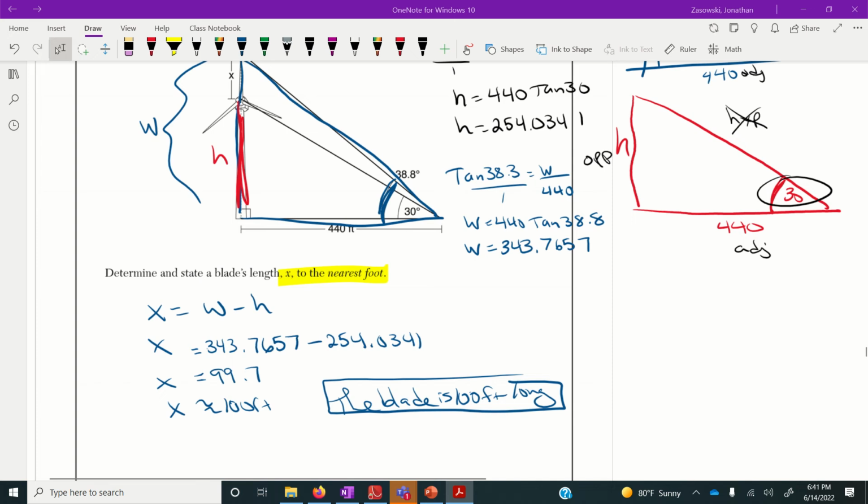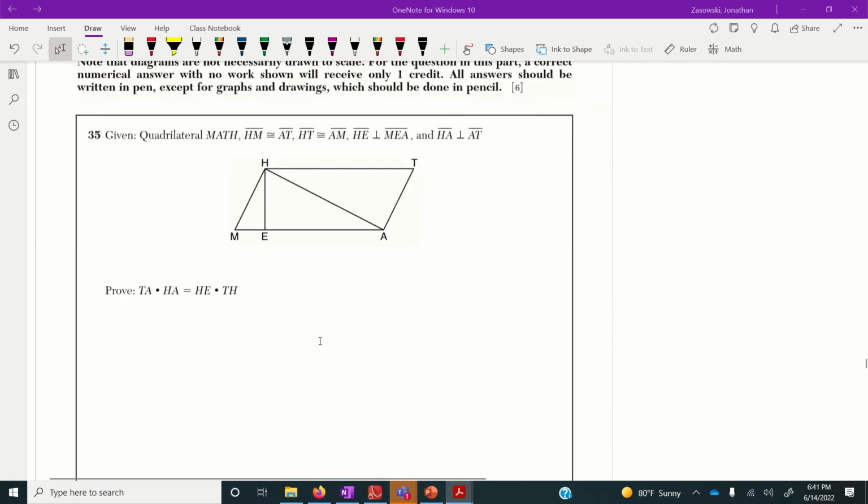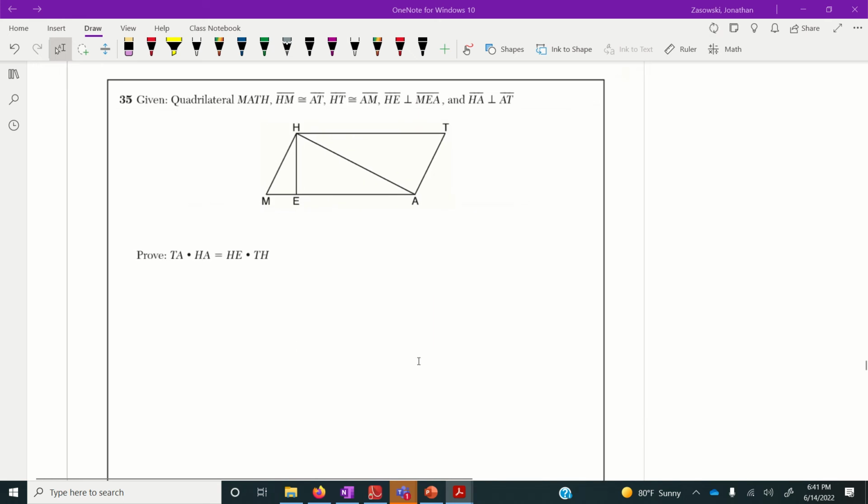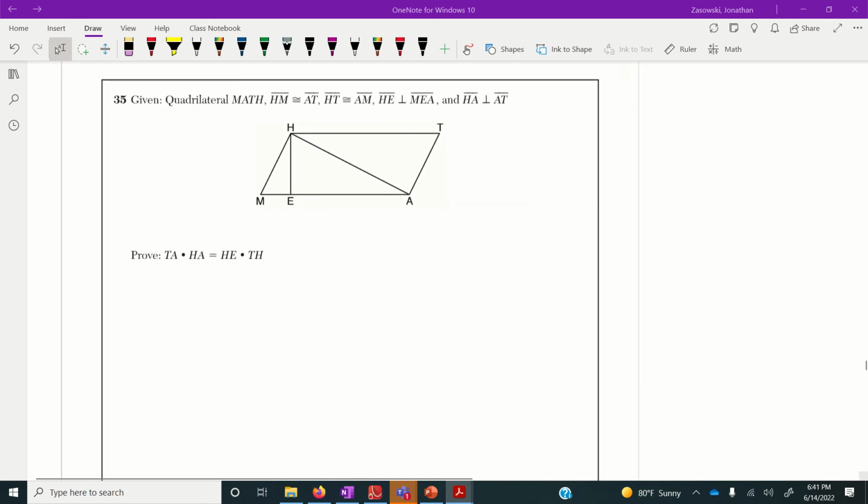All right, let's go to the next one here. So, final question is a proof. So, what type of proof, Maggie, are we looking at here?